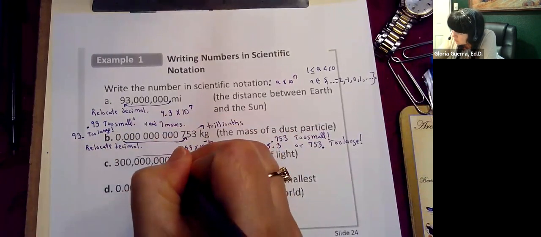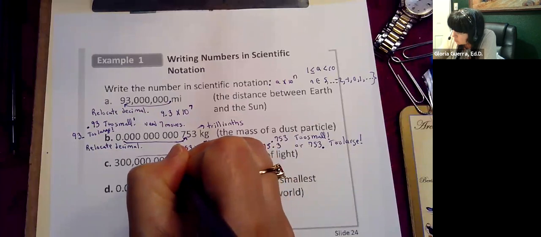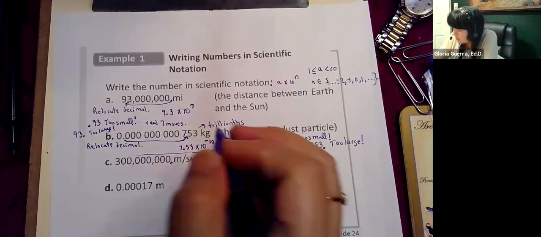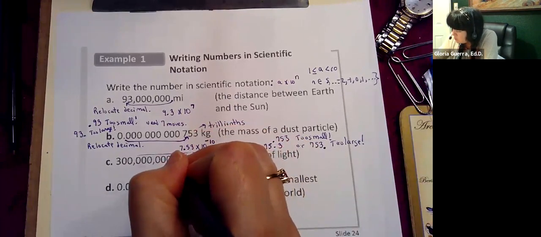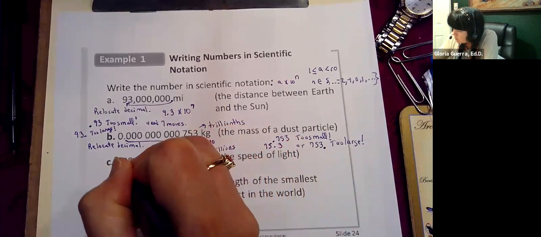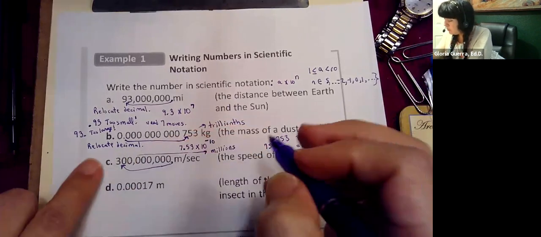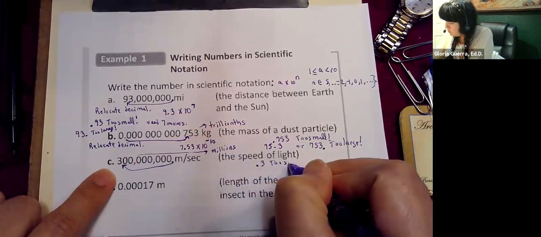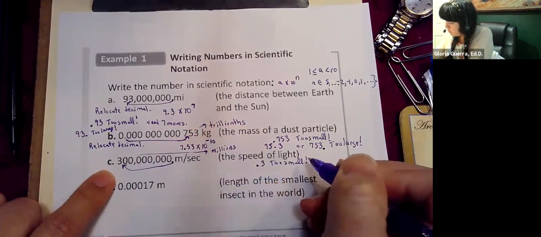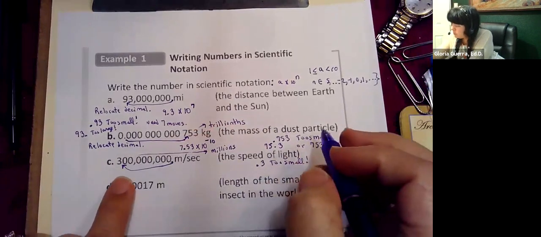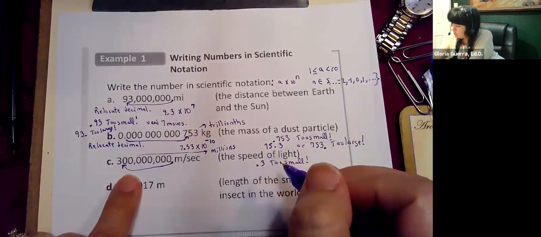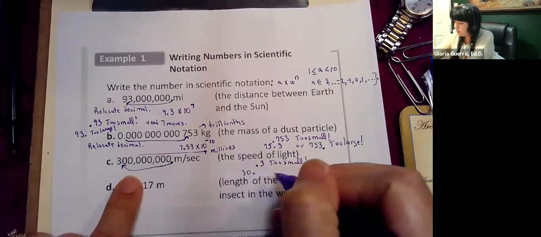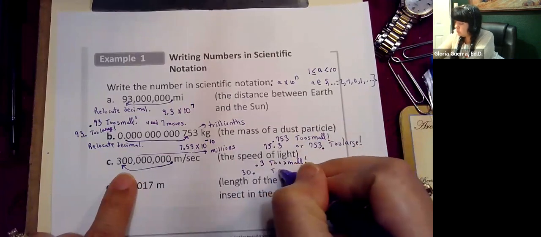So then you want to relocate your decimal point, because right now it's back there. If you don't see it, it's understood to be in the back. So you want to move it so that it's correct. If you move it in front of the 3, that's just too small. If you move it behind one of those zeros, right here, that's too big.